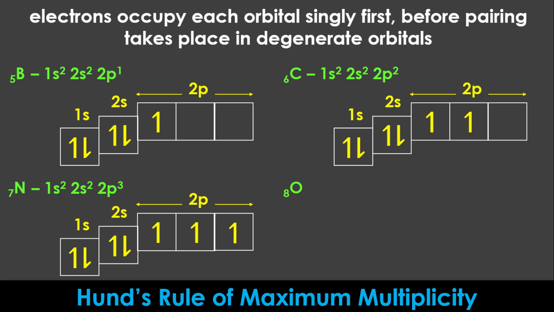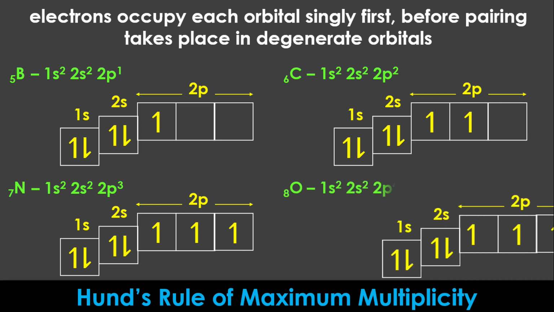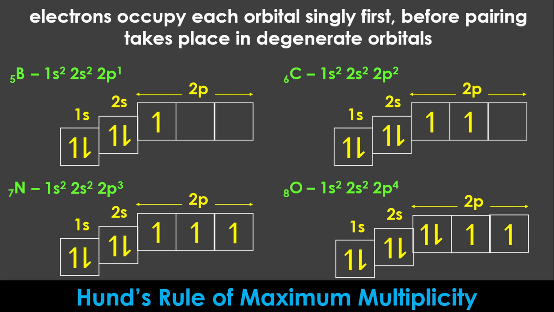Remember, the p orbital can accommodate a maximum of 6 electrons, and once the filling of an orbital or a set of degenerate orbitals starts, such filling must be completed before the electrons can move to a new orbital. So, the next electron that comes will pair up with any of the 3 electrons as seen in the electron configuration and orbital diagram of oxygen with 8 electrons.